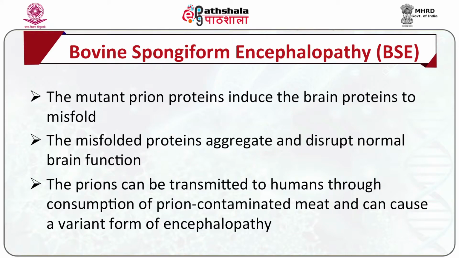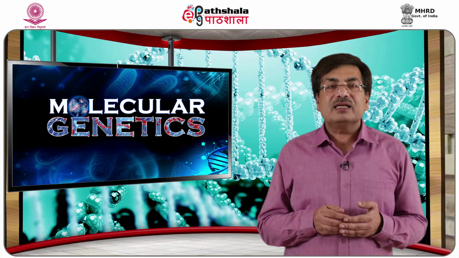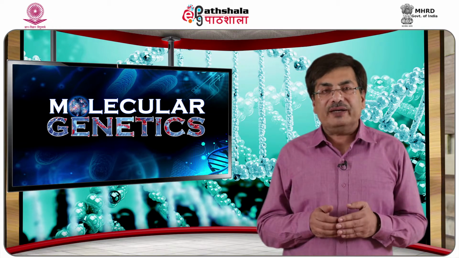The mutant prion protein induces the brain protein to misfold. The misfolded protein aggregates and disrupts normal brain functions. There is no known treatment for this disease, and therefore, the infected animals have to be destroyed.